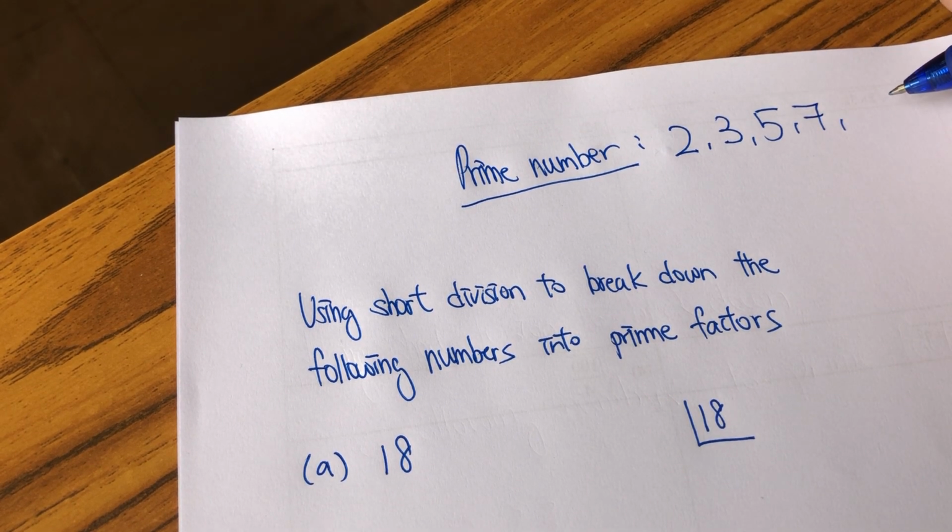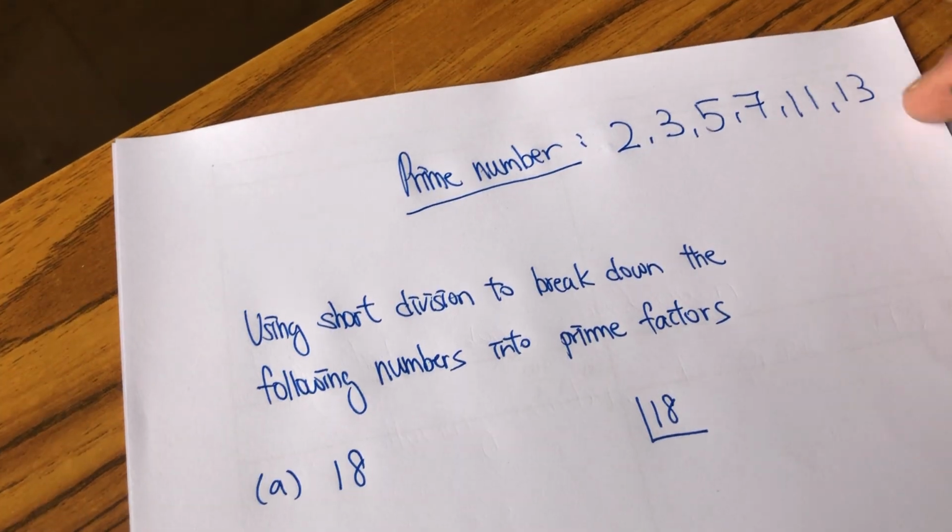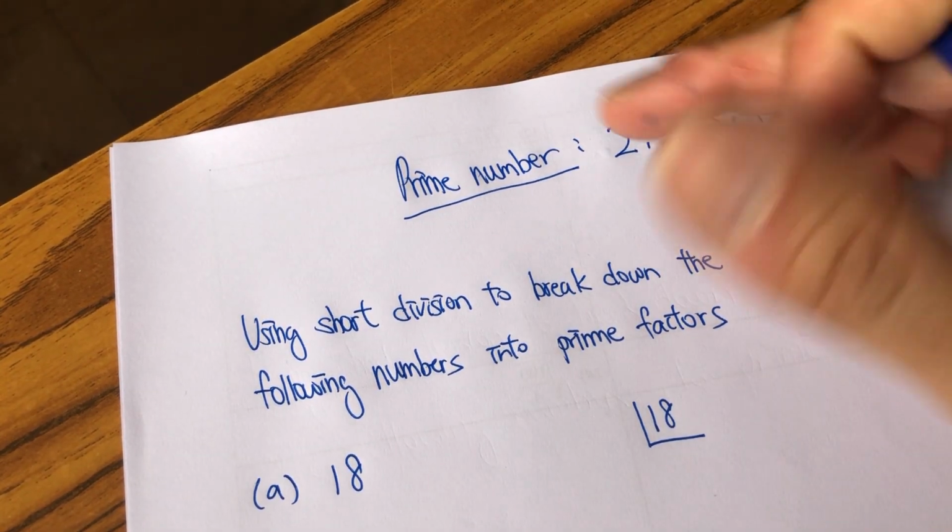What about 8? No, 8 is an even number, could be divided by 2. What about 9? 9 could be divided by 3. So 9 is not a prime number. 10 is even number, so 10 is not prime. What about 11? And then 13. So these are the prime numbers, could be divided by 1 or itself.